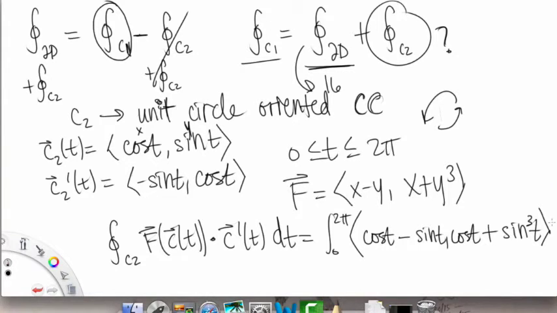And then we have a big dot here, dotted with c prime of t. Or, well, in this case, it's c2 prime of t. So that's just going to be our negative sine t, cosine t, and then a dt at the end, of course. We'll dot this out on the next slide.